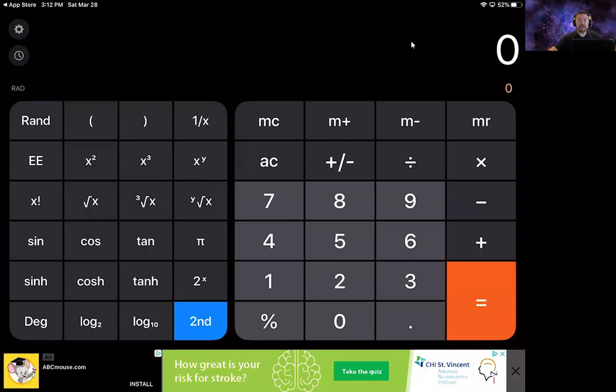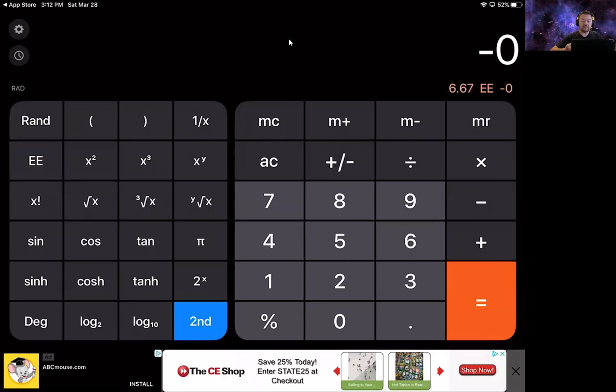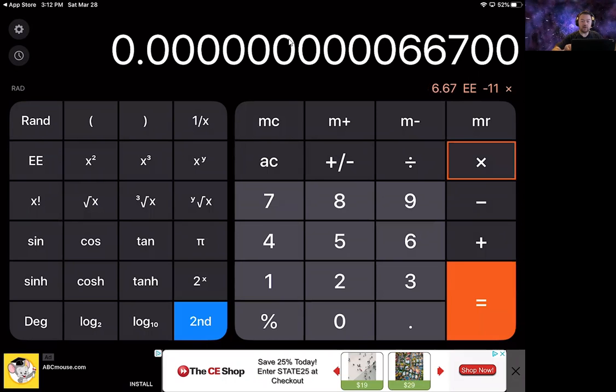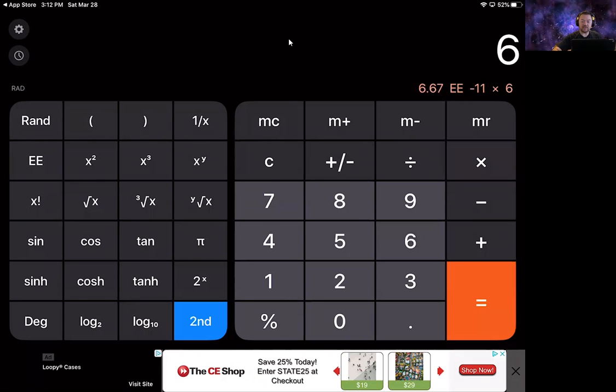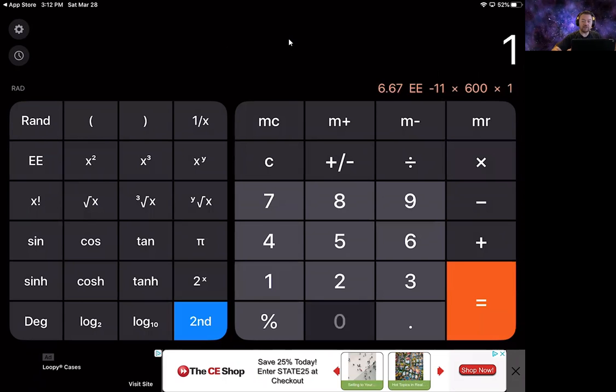All right, I'm back. I now have a calculator handy. So we're going to enter this part one at a time, starting with our gravitational constant, which is 6.67. Hit the EE button if you have it, hit the negative sign, 11. We're going to multiply that times our asteroid's mass of 600 kilograms times 100 kilograms, the mass of asteroid 2.